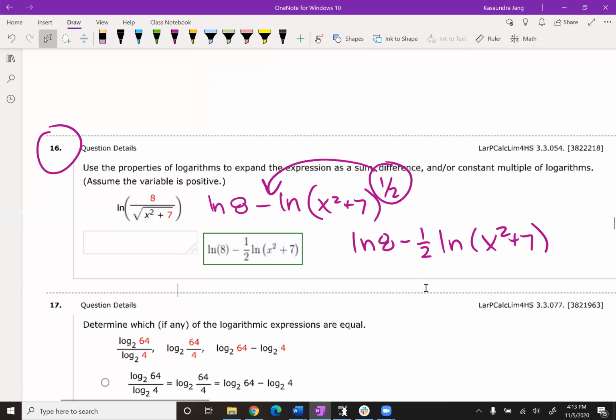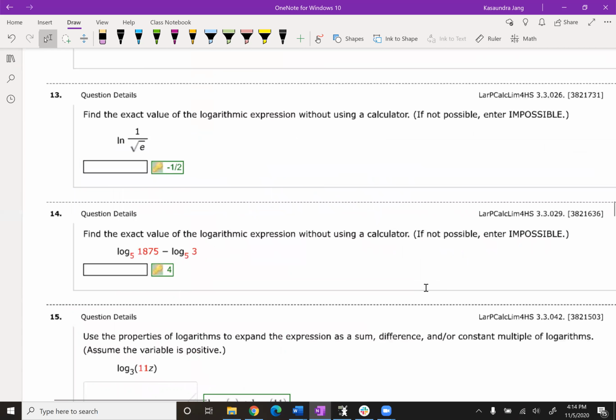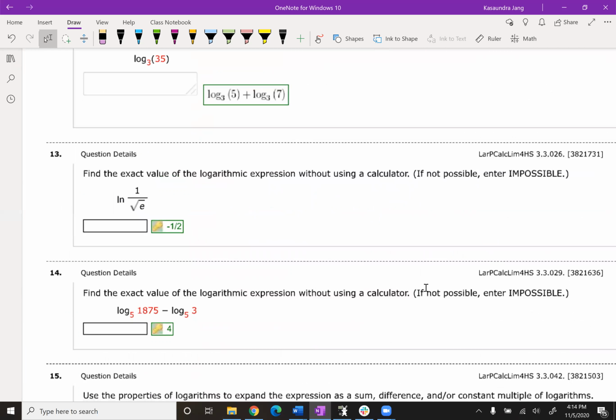Sorry, could you go over 13 maybe? All right, on the review? Yeah, on the review. Alrighty, so on 13, I have to do what I was talking to Zach about, where you take your square root and write it as an exponent of 1/2. What that means is my e to the 1/2 is in the denominator.